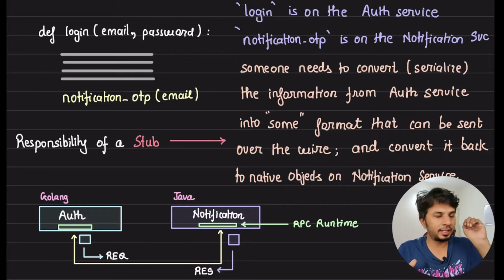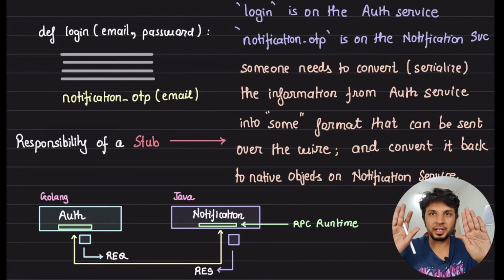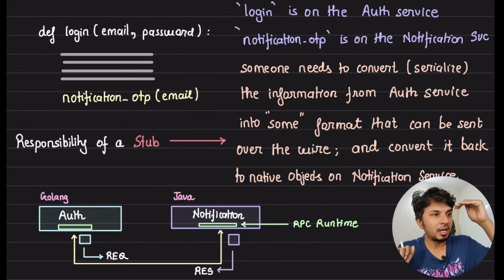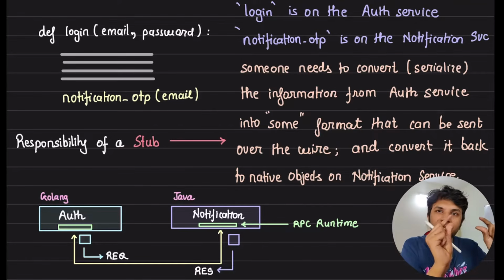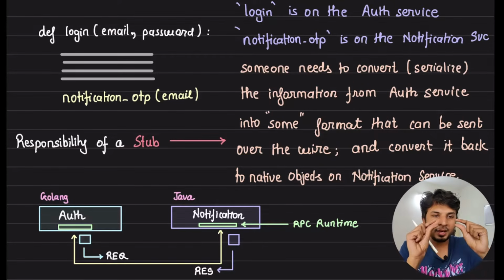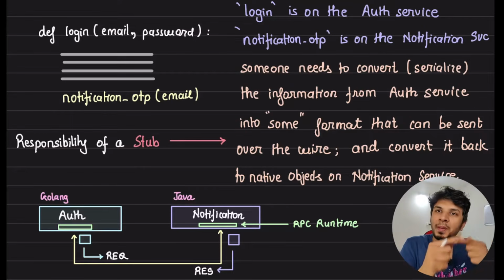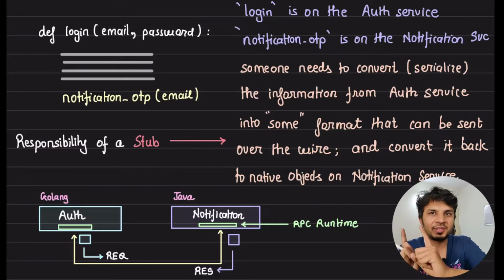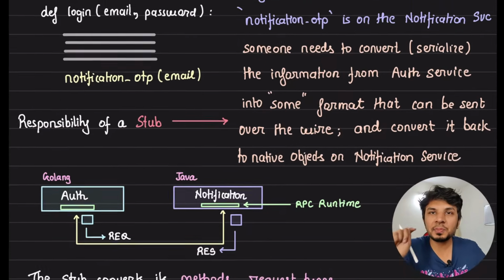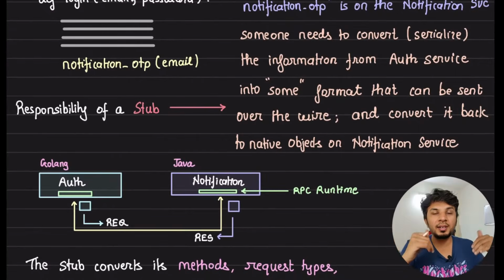You have the login service, you have the notification service, right? And someone invoked the function notification_OTP with email as an argument. Someone needs to take this information and create a format out of it which is understandable by the notification service also, right? Who does this? The responsibility of this is done by the stub.